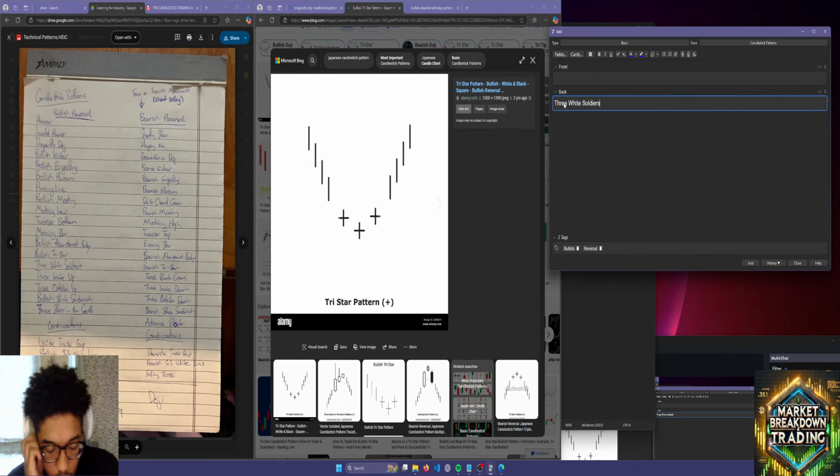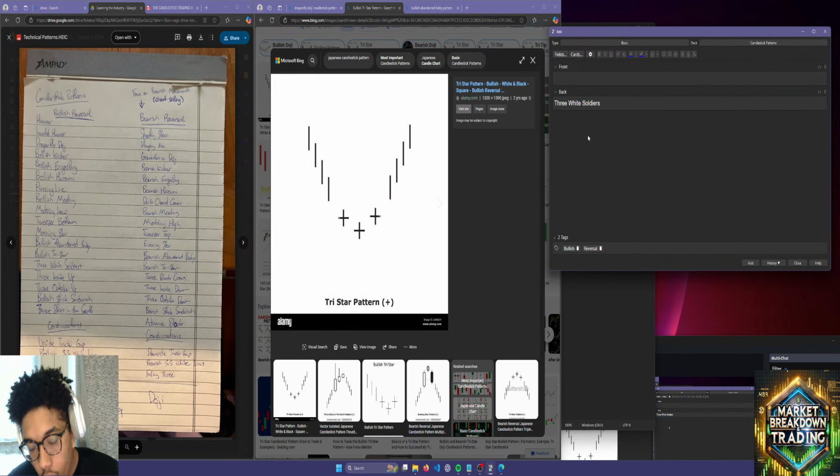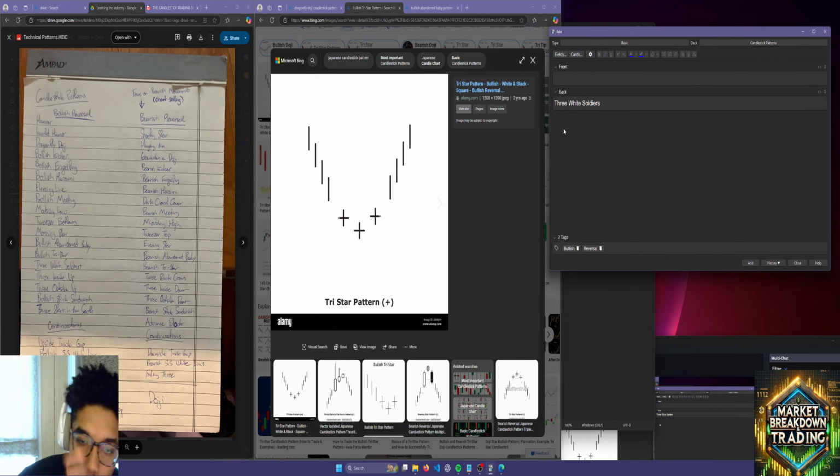Soldiers. This is three bullish candles stacked next to each other in an uptrend.